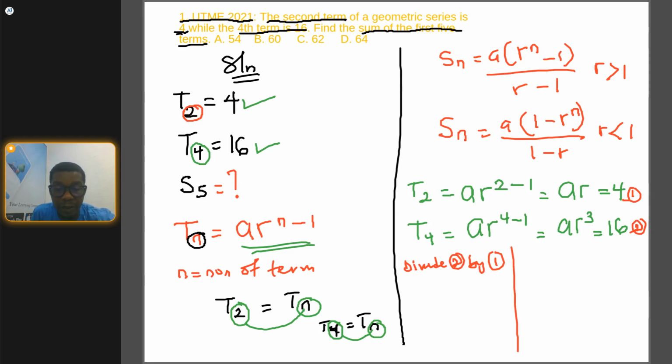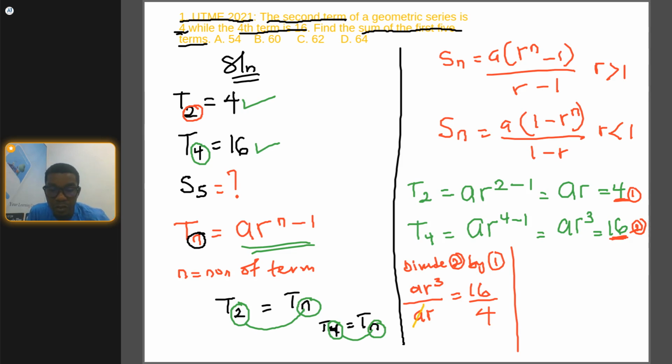That is, we are going to have equation 2, which is AR raised to power 3, divided by equation 1, which is AR. The constant part is the number after the equal sign, which is 16 for equation 2, and 4 for equation 1.